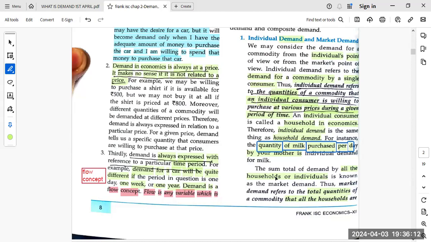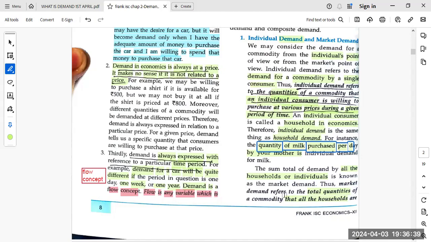The sum total of demand by all individuals is known as market demand. You have to write this because the examiner is expecting you to understand both market as well as demand. So you will write, thus the market demand refers to the total quantities. Here, instead of writing individual, you will write the word total, because when we talk about market, it is about total.